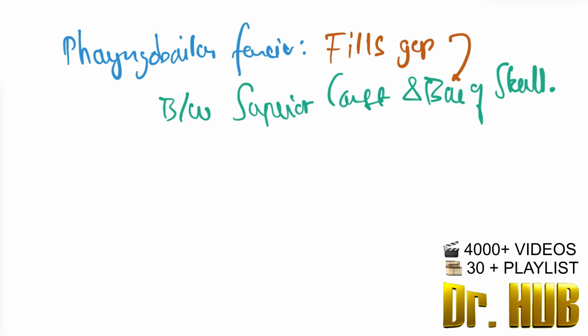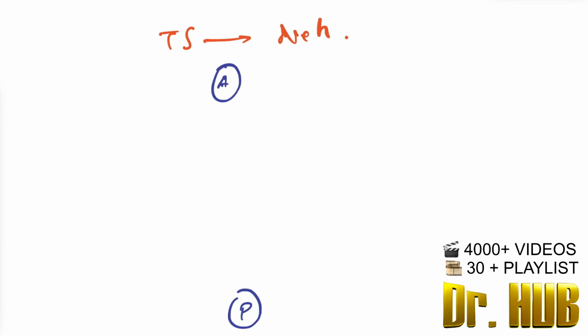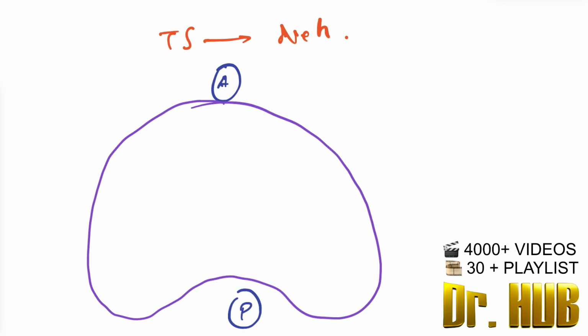Now we have read this, so let's try to picturize all of this. Let's look at the diagram, the transverse section of the neck. This will be anterior, and this is going to be posterior. The outermost layer we will call the skin.